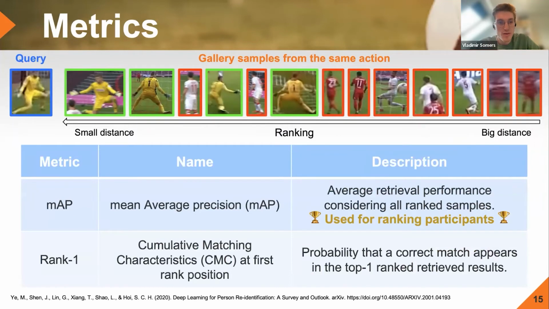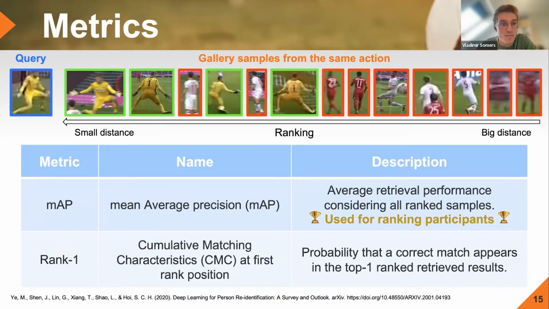To evaluate the ranking performance of a Re-ID model, we use 2 very popular metrics, which are the mAP and the rank 1 accuracy. So mAP stands for mean average precision, and it is used to assess the average retrieval performance considering all the samples in the ranking.